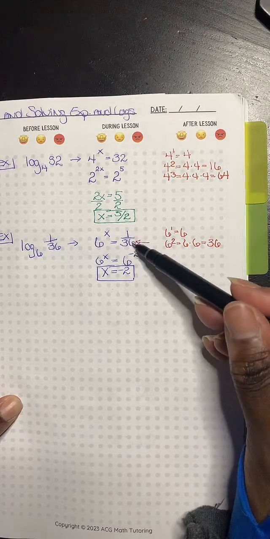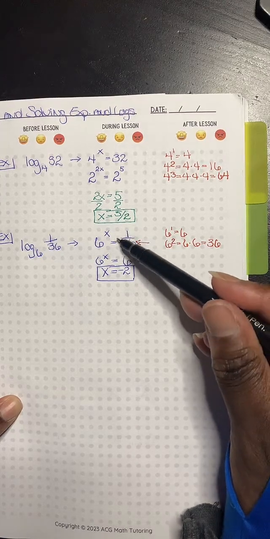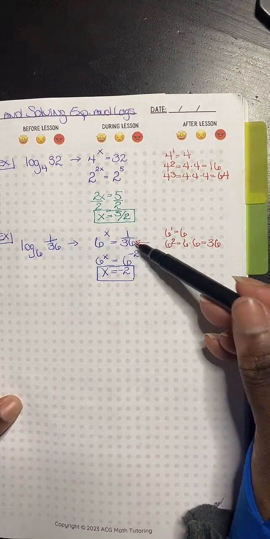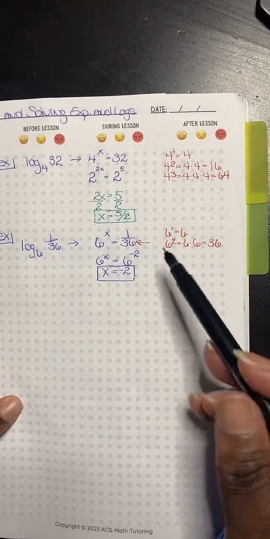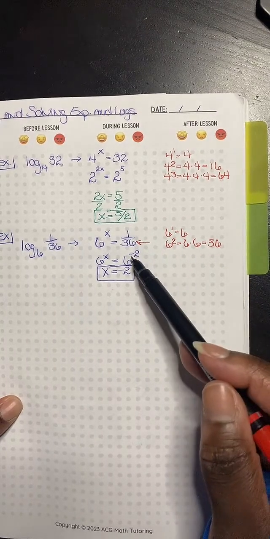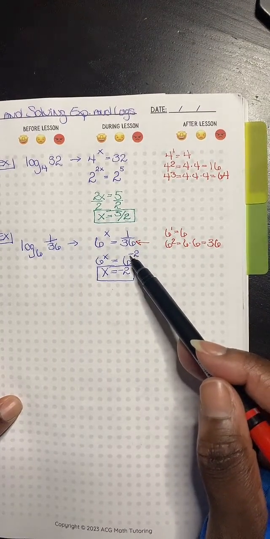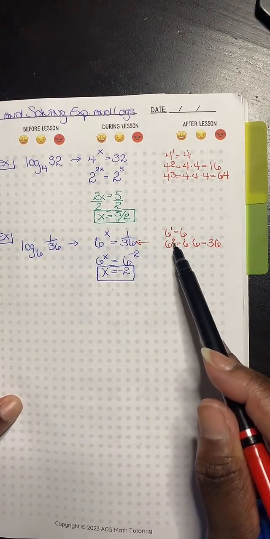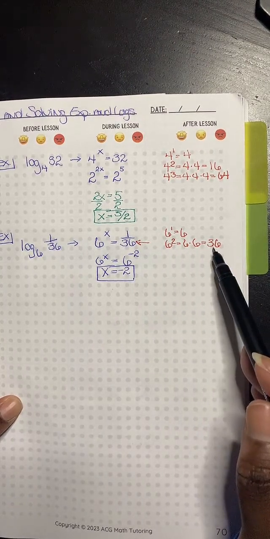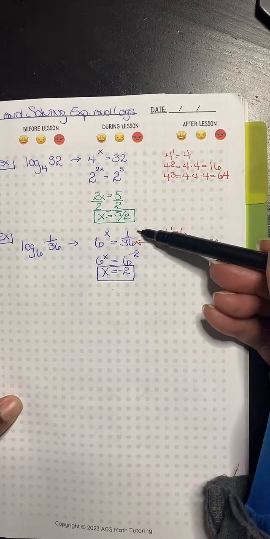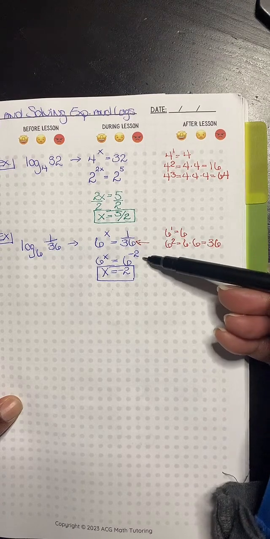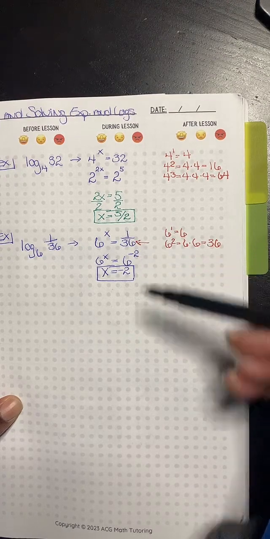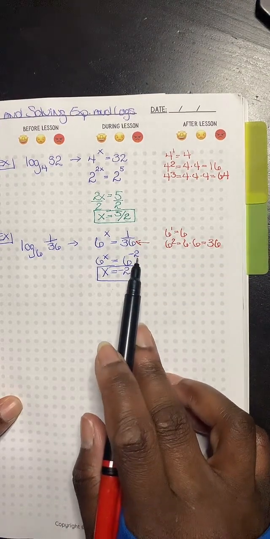So anytime I see a fraction like a 1 over a number that could be squared, that's telling me that I have a negative exponent. I know that 6 to the second power would give me 36. So in order for it to drop down in the denominator and have it as a fraction, my exponent has to be negative. And it will be a -2.